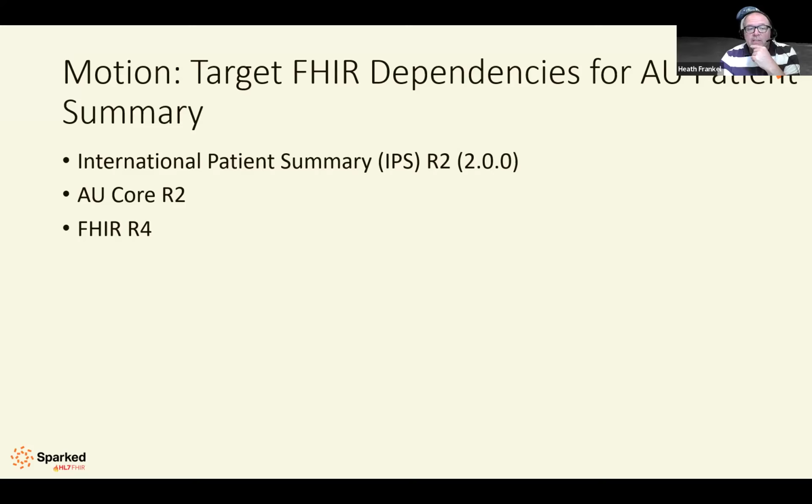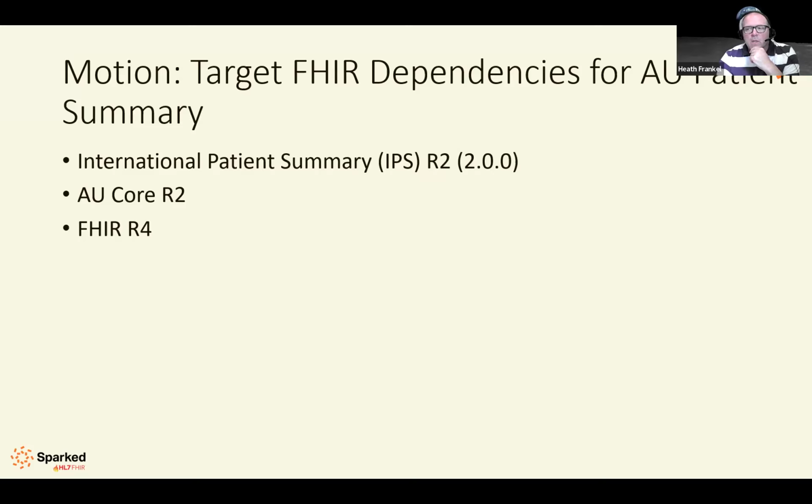We're also going to base our content on AU Core release 2. Notice that we're skipping release 1 at this point, because we will need additional requirements coming from AUCDI. And of course, the underlying basis is FHIR release 4.